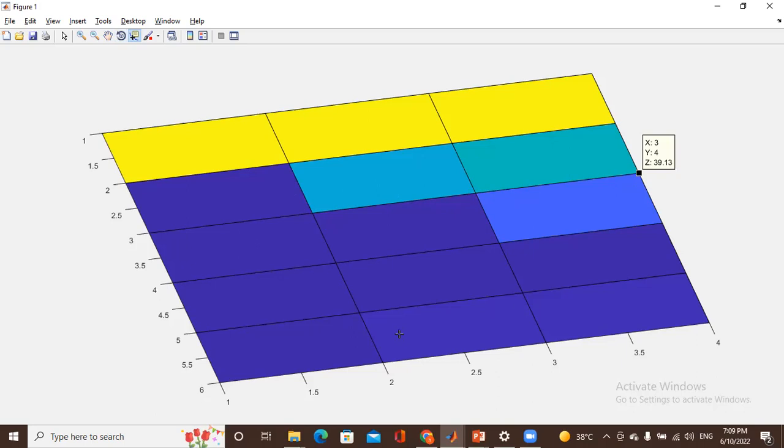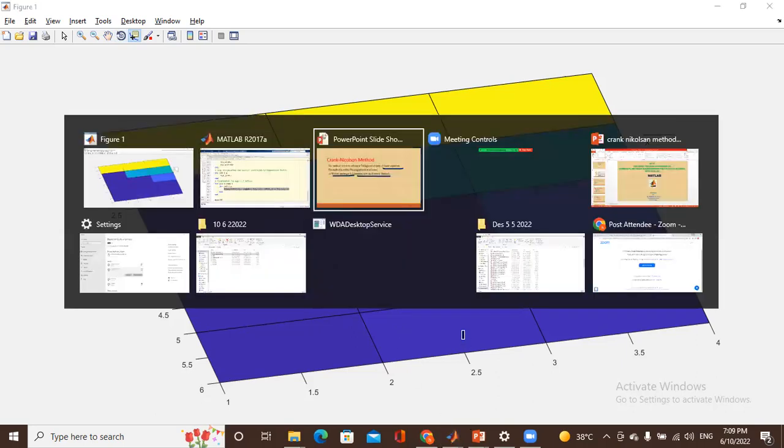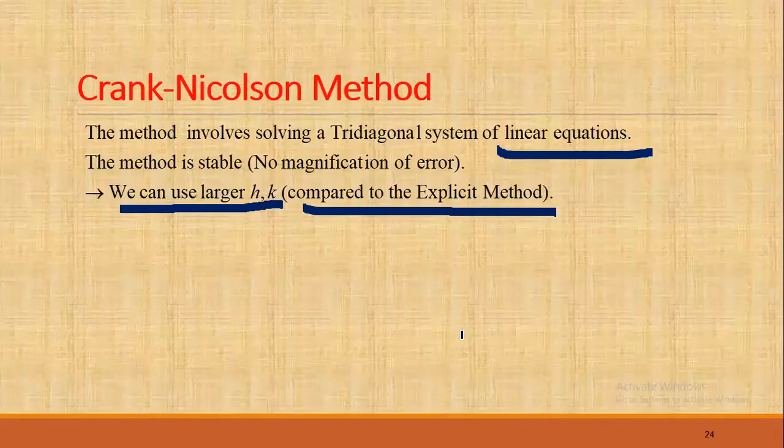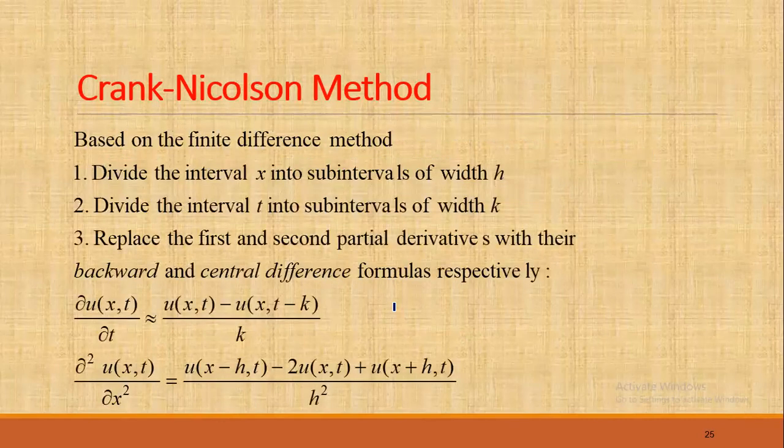Now next, the Crank-Nicholson method. Obviously we can use large values of h and k. And this is a similar procedure.